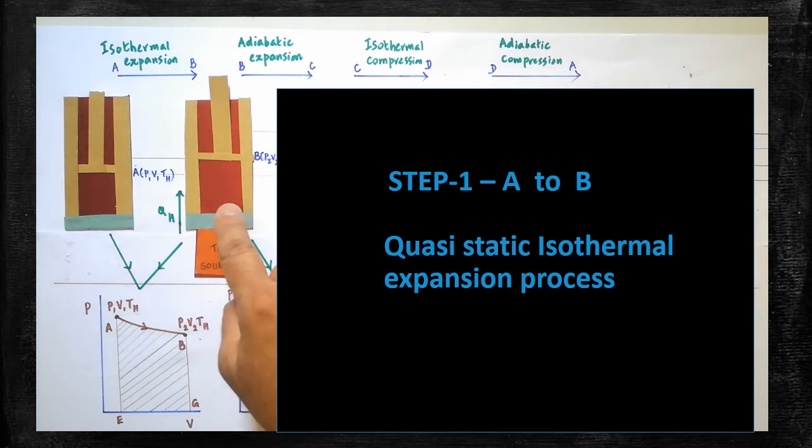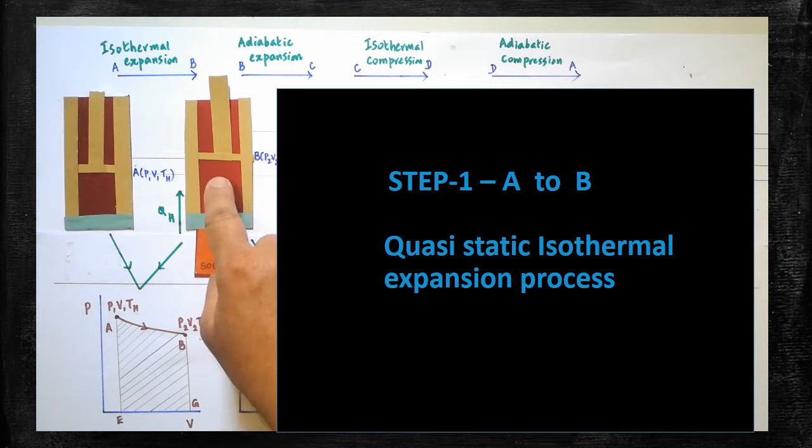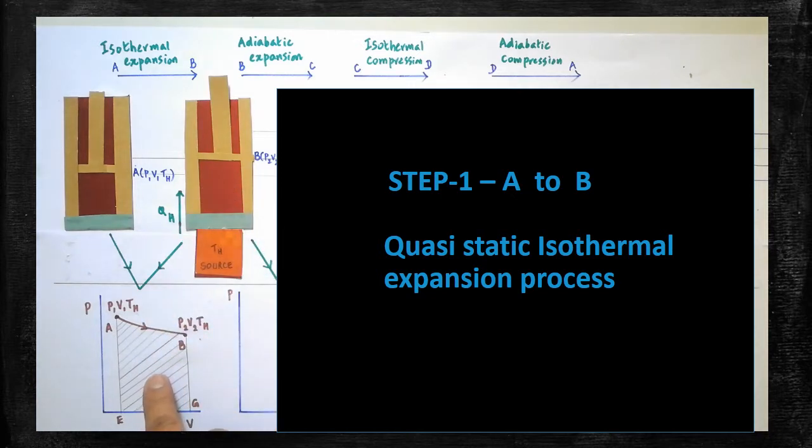Here work is done by the system, work is done by the gas. The gas pushes the piston. The work done by the gas can be found with the help of drawing a graph. Here, the graph is drawn between pressure and volume. This is called PV diagram. In this PV diagram, we can plot the position A. At A, the initial pressure is P1, volume is V1, and temperature of the system is TH.